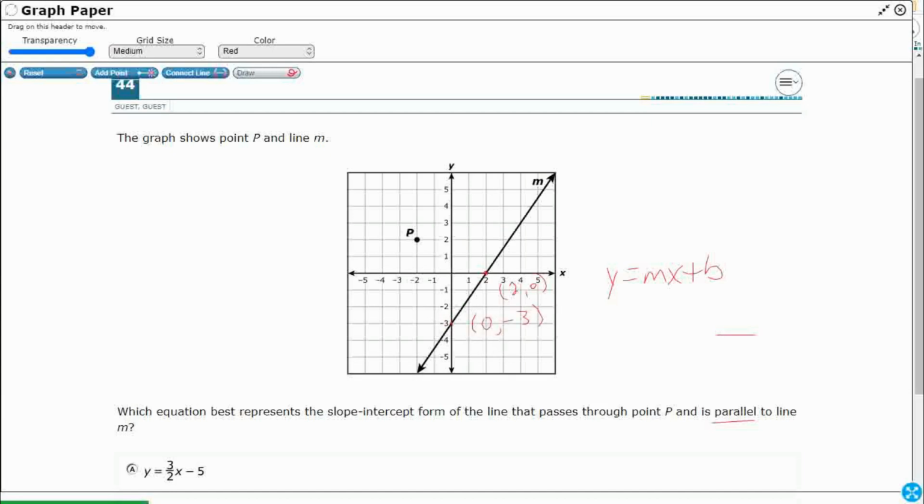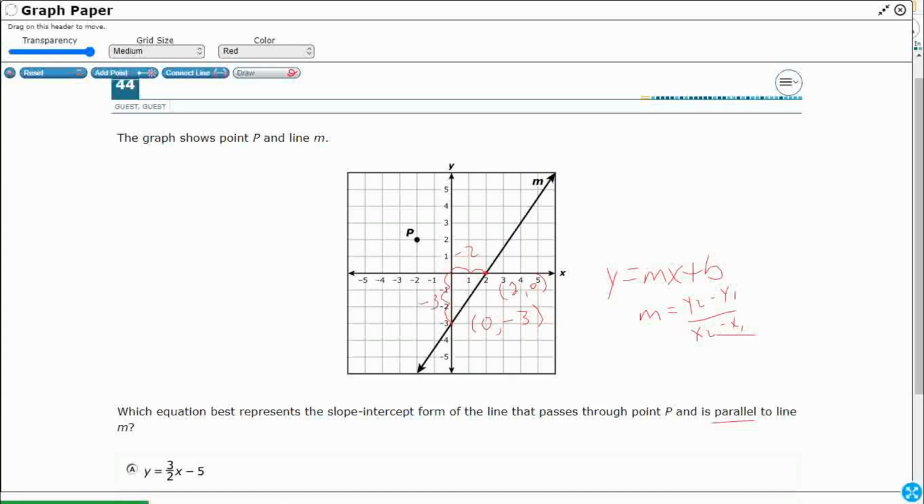Okay, so if I have this, I can figure out the slope-intercept form of line M. I could calculate my m as the change in y over the change in x. That's how we calculate slope. Also, since I have a graph, I can go minus 2, minus 3.